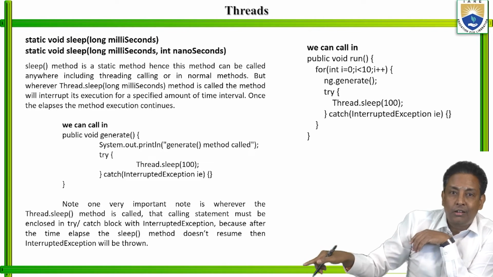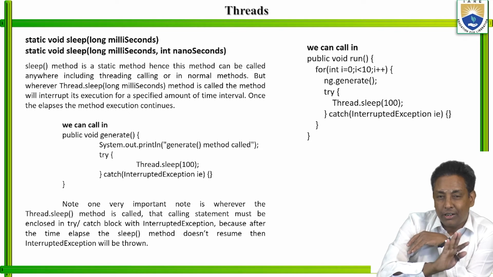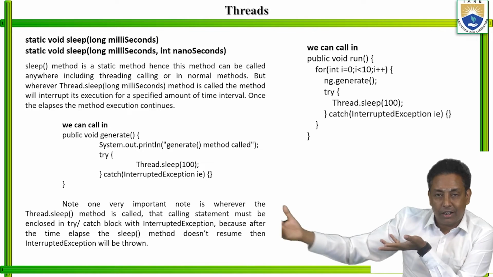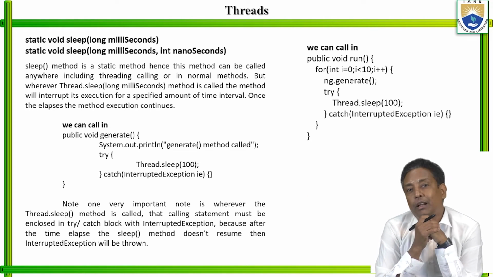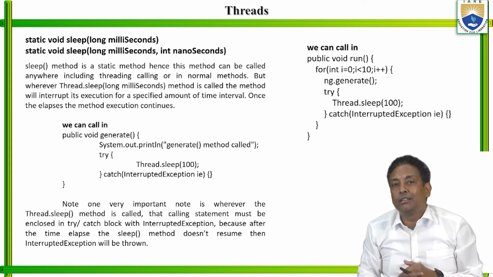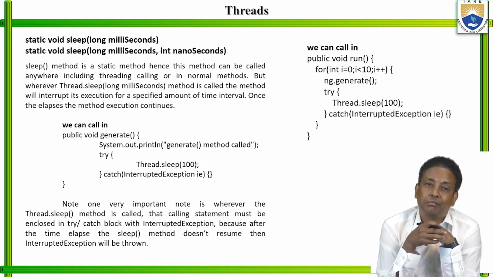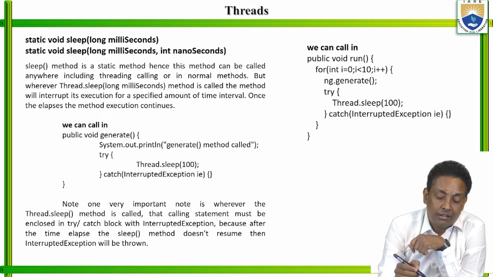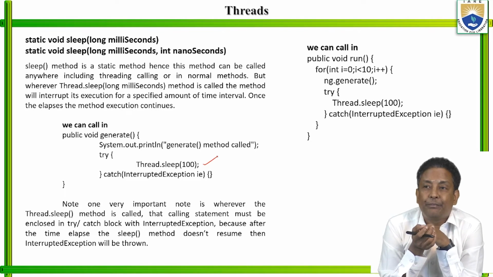You please inform the thread scheduler that my method waits for some time. So if you want other threads to complete their execution, you let them complete. How do you communicate to the thread scheduler through a method saying that my method may wait for some time? That you have to do through thread.sleep.